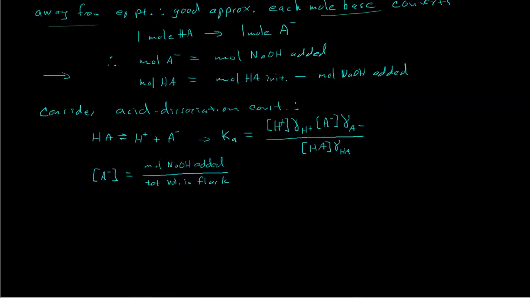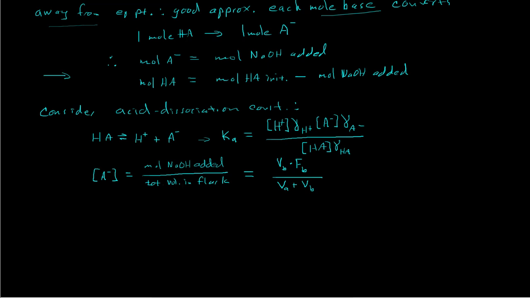Writing that out as an equation, the moles of sodium hydroxide added is just going to be the volume of the base that we have added, we're going to call that VB, times the formal concentration of our base. Remember, volume times molarity equals moles. That's how we figure out how many moles we've added. Then we're going to divide that by the total volume in the flask. Well, that's the initial amount of acid that we pipetted over plus the additional base that we have added. So V sub A plus V sub B. That's our total volume.